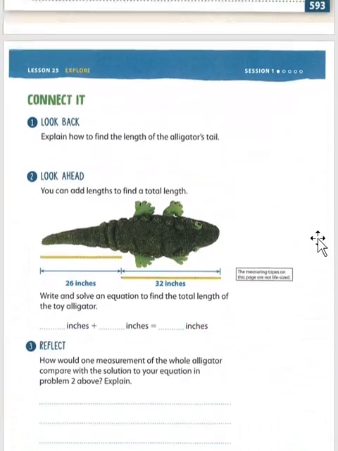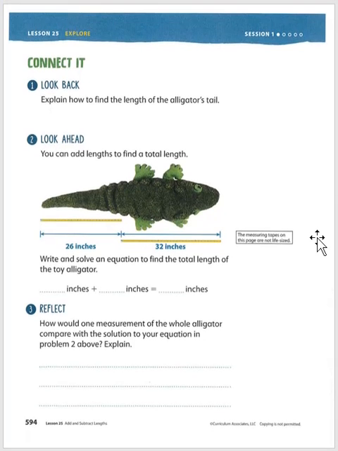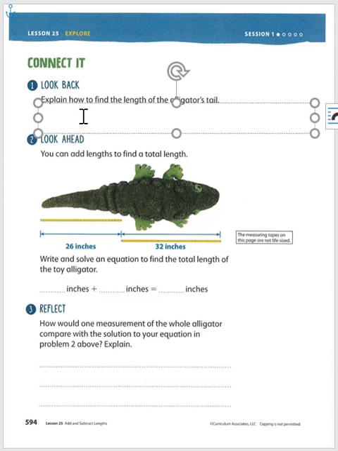All right. We are on this one. Explain how to find the length of the alligator's tail. What are we going to do? We have to find the length. It's 32. Find the length that is 6 inches shorter than 32 inches.